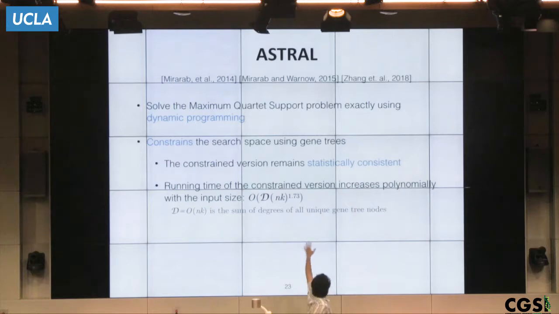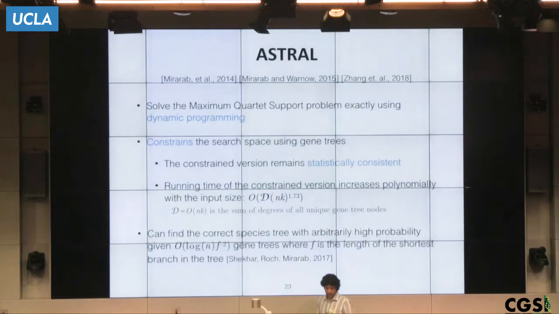Don't worry about what exactly that polynomial is. It becomes polynomial time, roughly quadratic in practice, and this constrained version you could prove remains statistically consistent. We could also derive equations showing how many gene trees you need before this method converges to the true species tree with high probability.